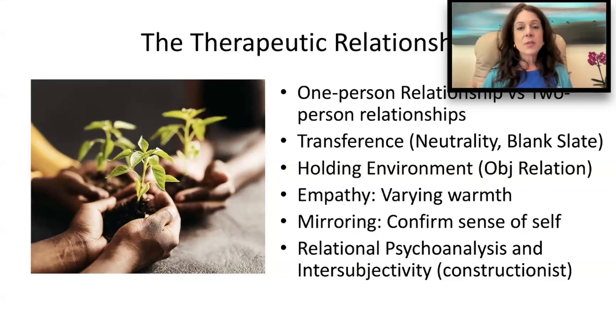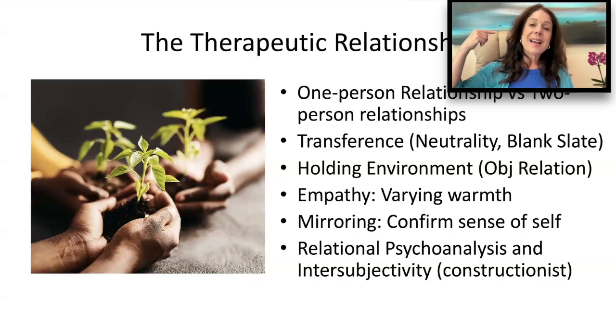If you're familiar with social constructionism from the postmodern therapies, it very much is the same concept. It's postmodern. So we are two people constructing realities together, and there's no way for the therapist's behavior to not shape the client's experience and their behaviors in therapy.